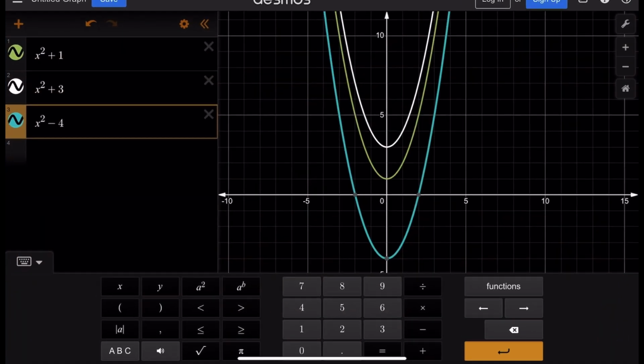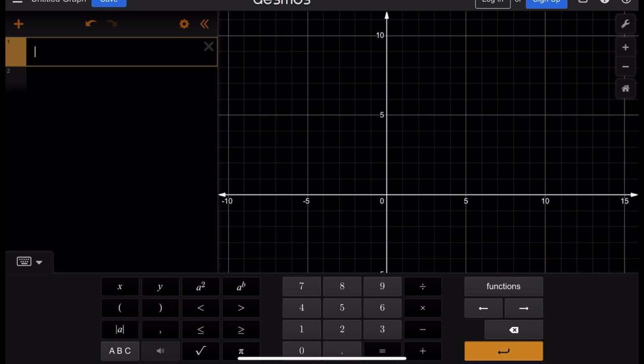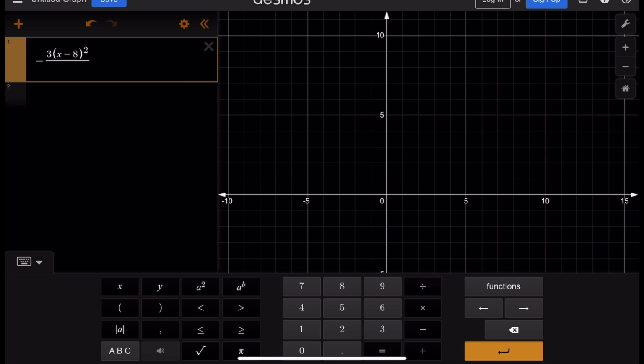So the first equation is minus 3 times (x minus 8) squared, divided by 32. Oh, plus 6, there is a plus 6, so just take it up a little bit.